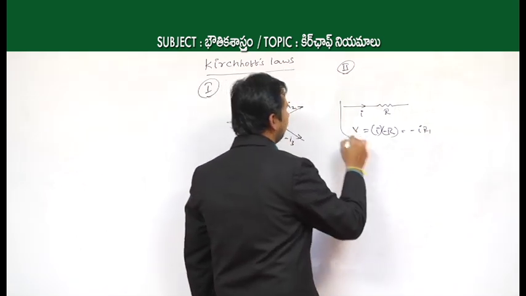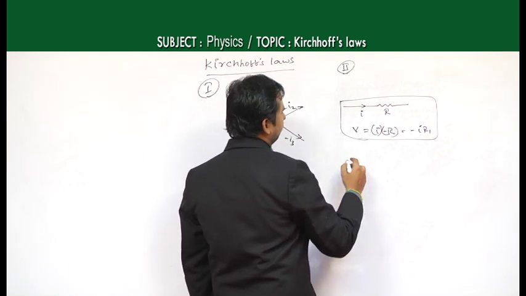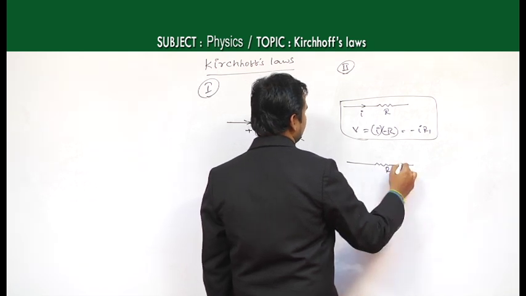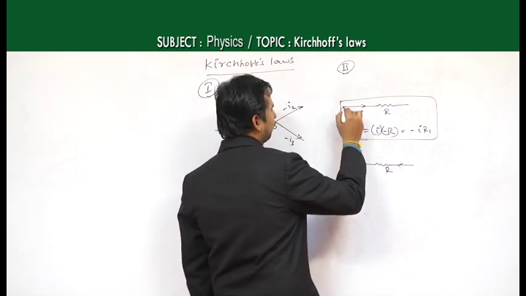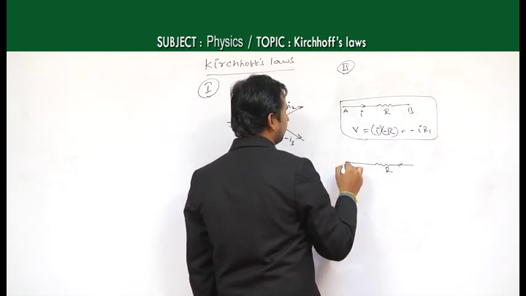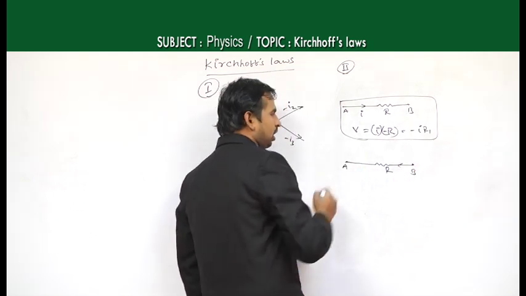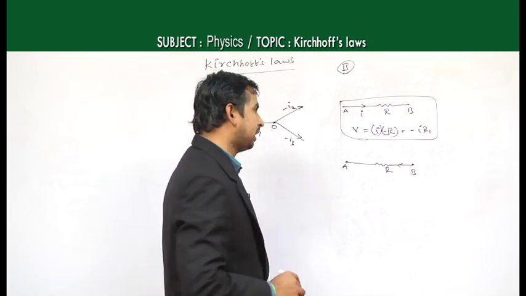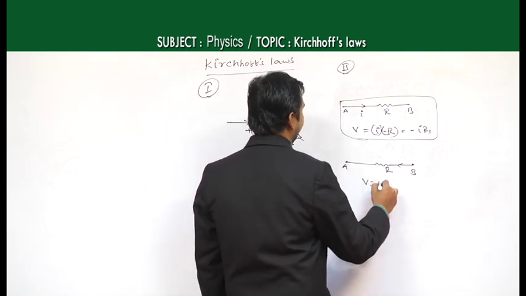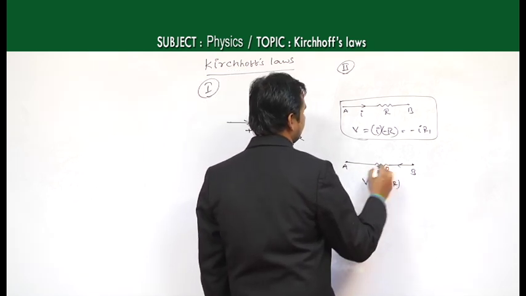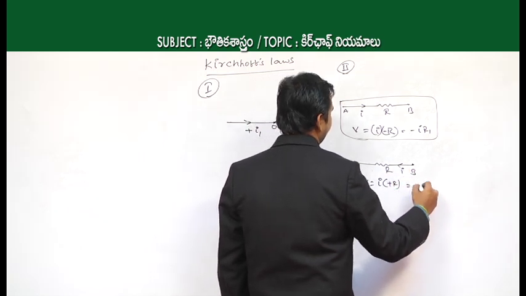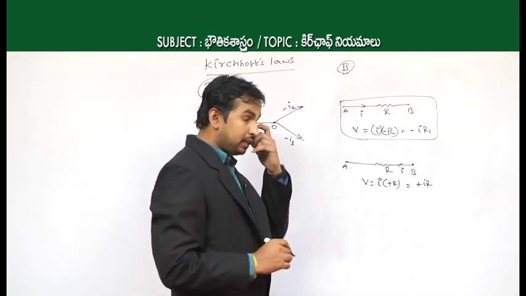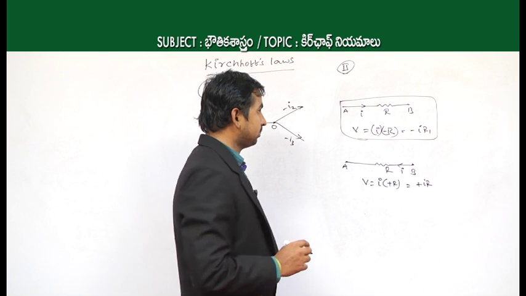Now, if you are going against the current, meaning the direction of current is opposite to your direction, like going from A to B here, then as you are going against the direction of current and the resistance is opposing the current, you take V as plus IR, that is V = IR.